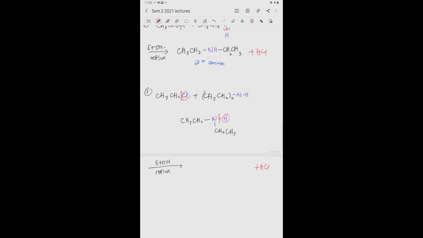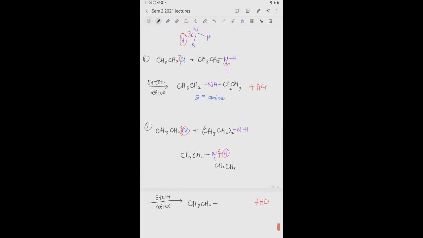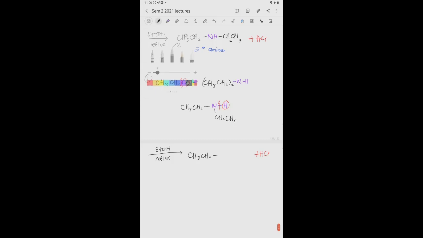So the product now is CH3, CH2 attached to N, which is already attached with CH2, CH3 and another CH2, CH3. So now, the tertiary amine is produced.